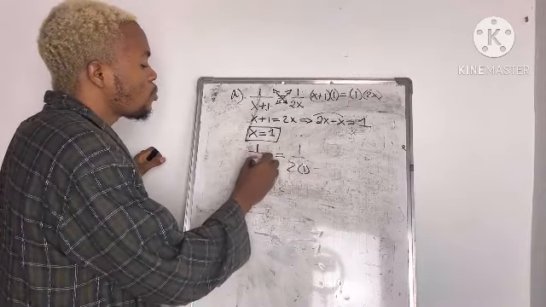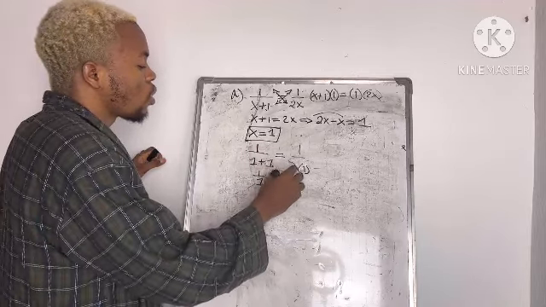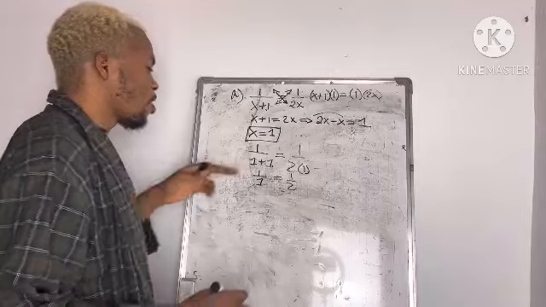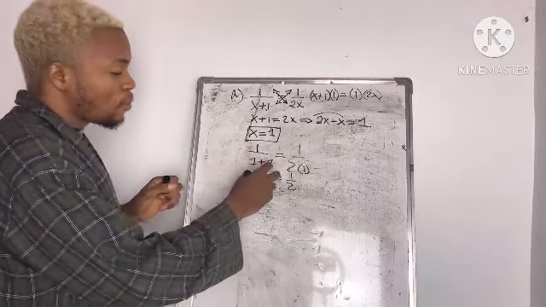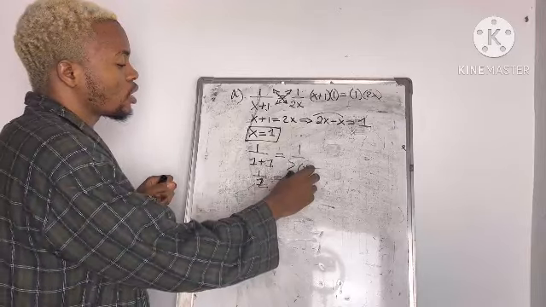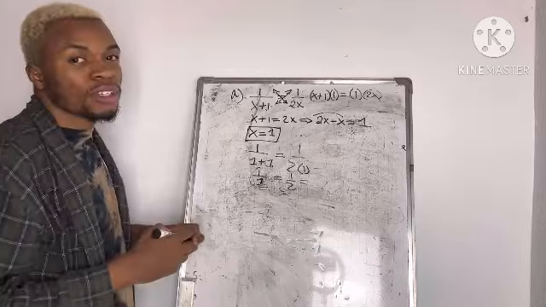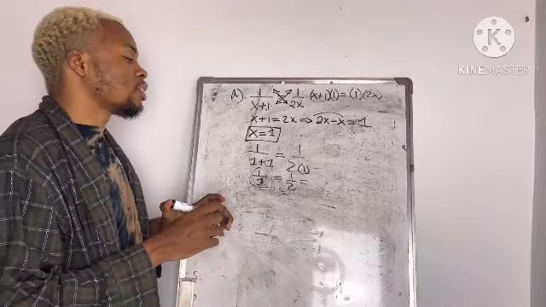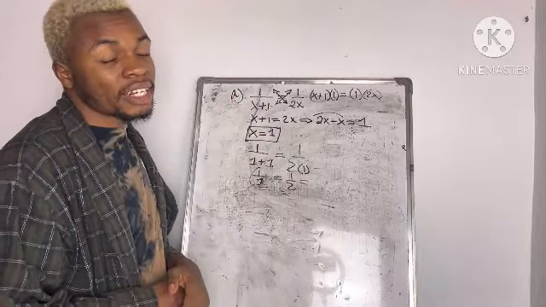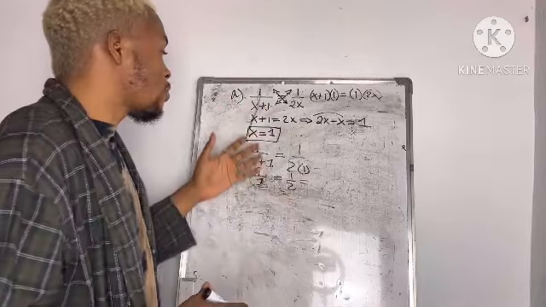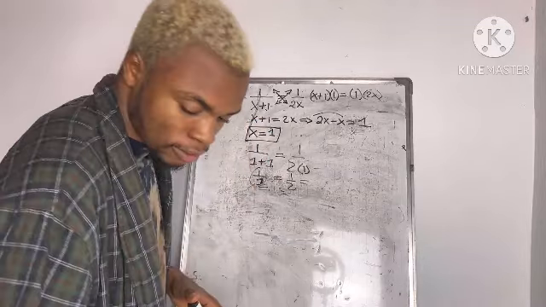So from here, 1 plus 1 is 2, so that ends up with a half equals a half, which are all the same, right? So from here, you can see the left hand side is equal to the right hand side. That tells you that the value of x equal to 1 is correct, right?